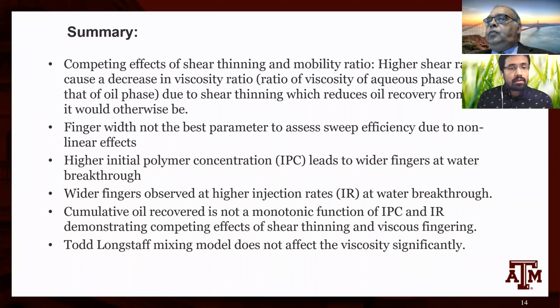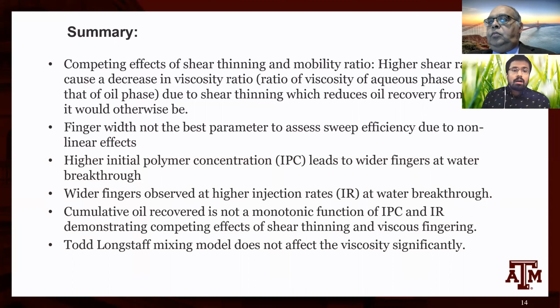To summarize all these results, the major results were the competing effects of the shear thinning and mobility ratio, which we saw from the cumulative oil recovered. We also noticed that the finger width is not really the best parameter to assess the sweep efficiency.